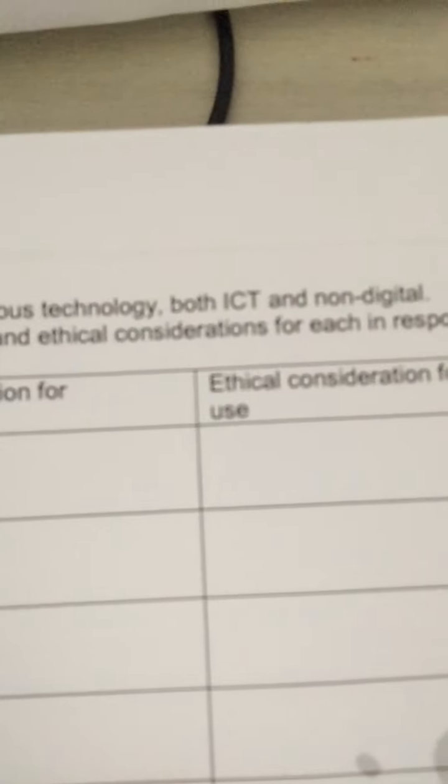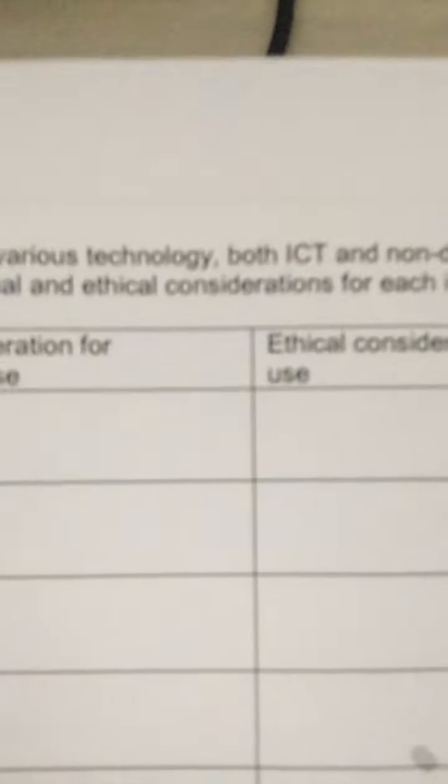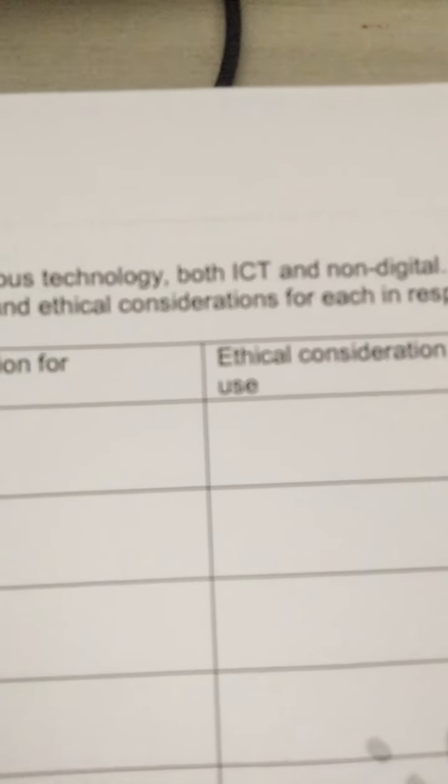So social considerations are to think about how this could impact other people. A social consideration for a drill, for instance, is that you wouldn't use it after a certain hour because people are having dinner and getting ready for bed and all that sort of stuff.